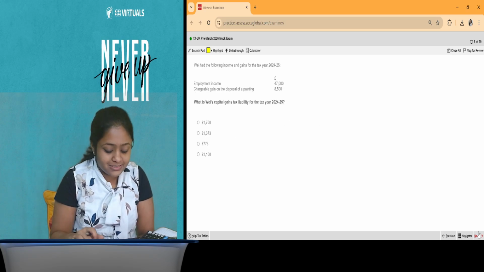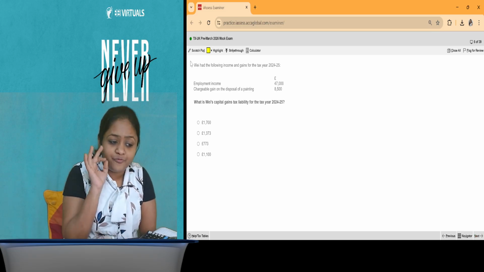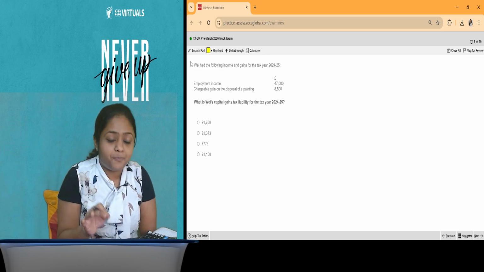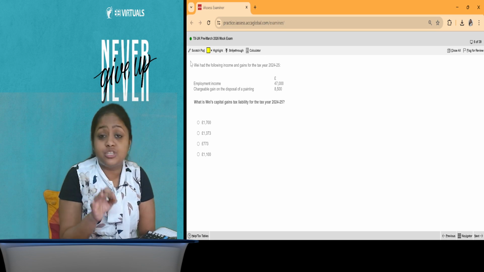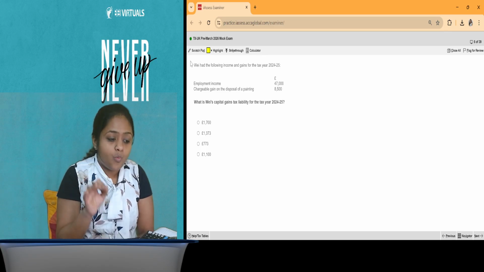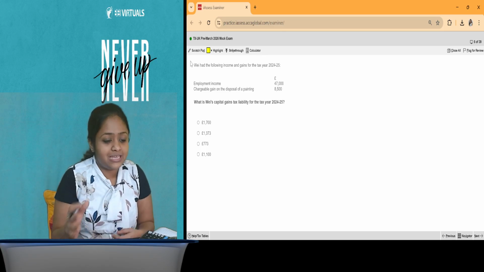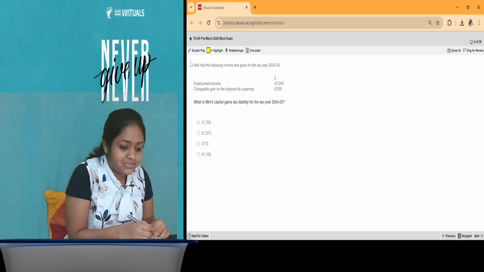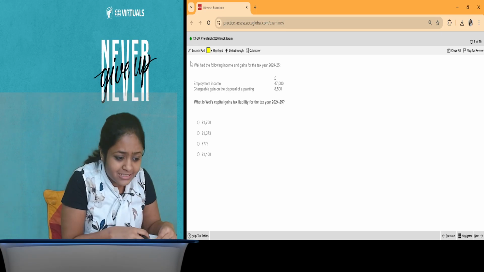The next one is: Y had the following incomes and gains for the tax year 24-25. Employment income is 47,000. Chargeable gains on the disposal of the building is 8,500. What is Y's CGT for the tax year 24-25? I think it's pretty easy. We just have to calculate the CGT.